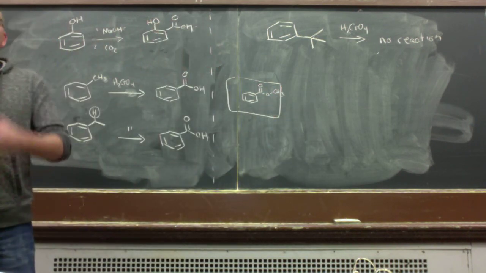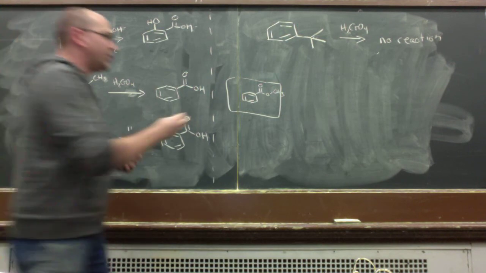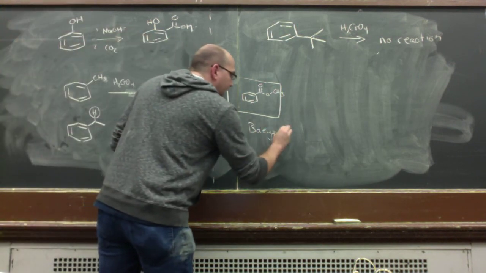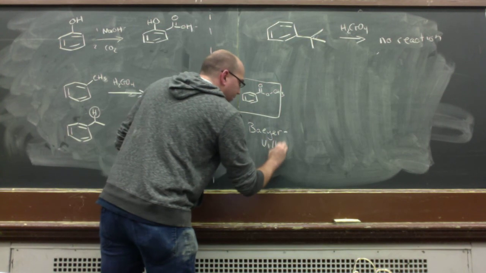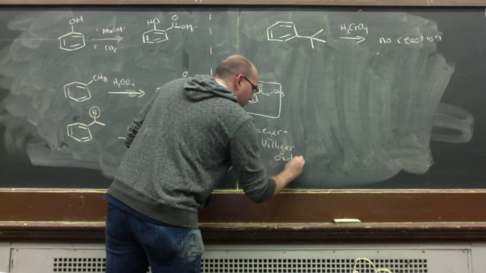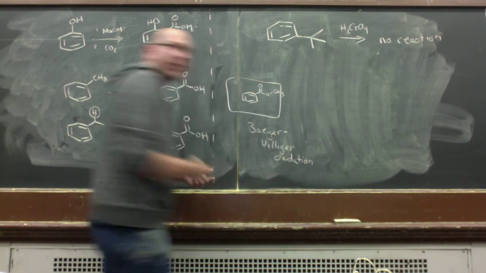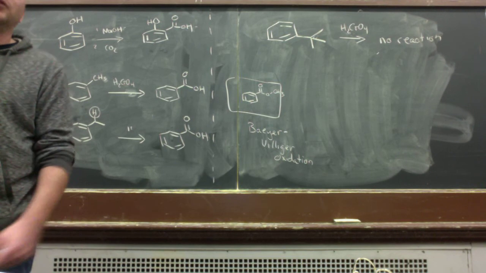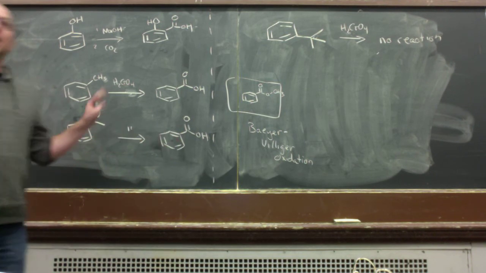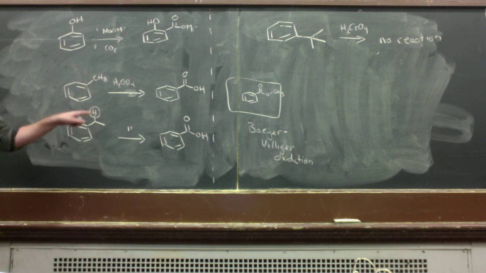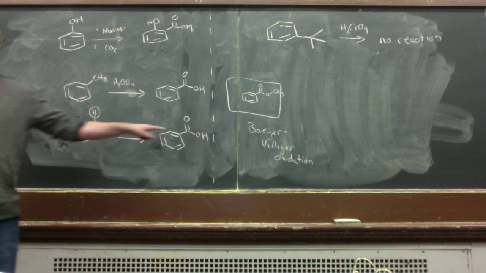So again, I'm not going to hold you responsible for this, but if you're really curious, my bet is that it goes through the ketone, and then you can look up a Baeyer-Villiger oxidation. So it probably goes to the ketone and then oxidizes further, but I'm not sure. I actually don't know. So you're not responsible for knowing that mechanism, but you are responsible for knowing that as long as you have a benzylic proton, you'll oxidize all the way to the carboxylic acid.